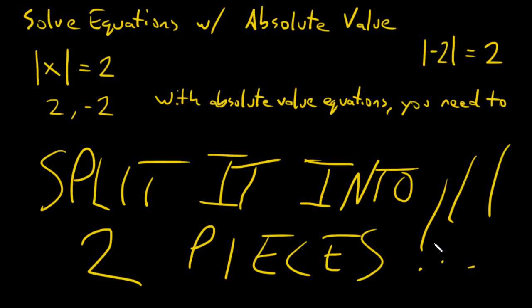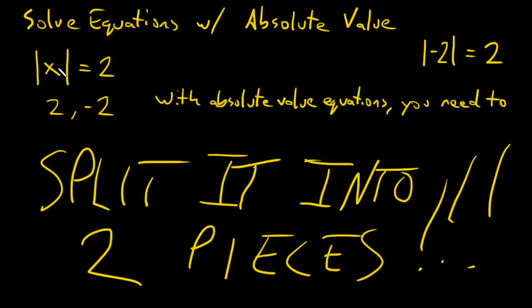I wish I could put this whole thing with lasers flashing out of the screen and some loud popping noises, because this is one of the most commonly missed things in all of algebra, is how to handle an absolute value equation. Absolute values aren't like normal equations because in the process of ensuring that what comes out of here is positive, you wind up with two possibilities.